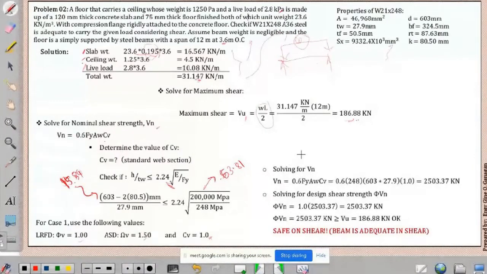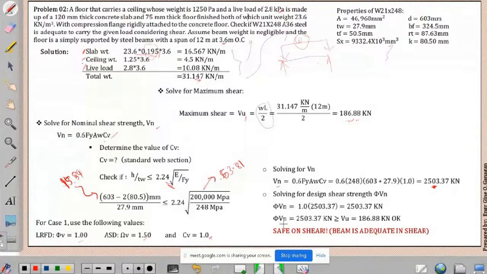Okay? So, given na lahat itong variables natin dito, masosolve natin yung nominal shear, which is equal to 250.37. Ito yung nominal shear natin. Para makuha natin yung design shear strength natin, i-multiply natin yung nominal shear doon sa ating reduction factor, which is 1.0.